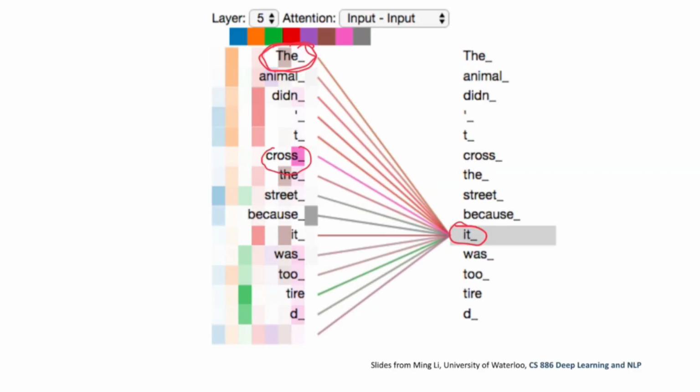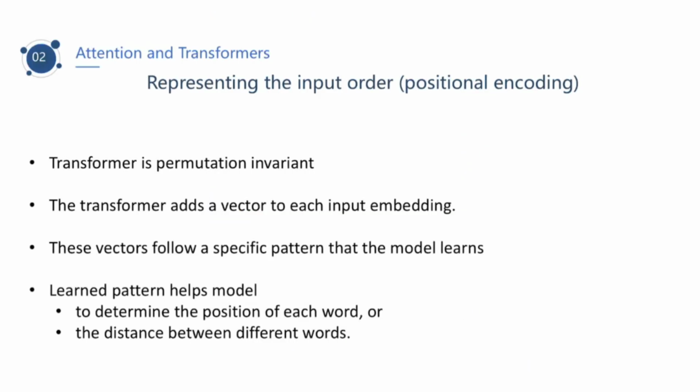So initially it will not give a proper result, but while training, once you are satisfied with the result, you can try to visualize the attention matrices, like which part is giving more attention to which part.